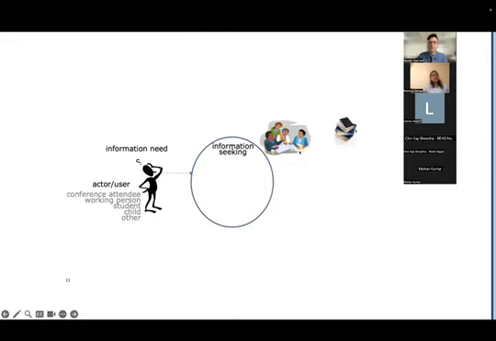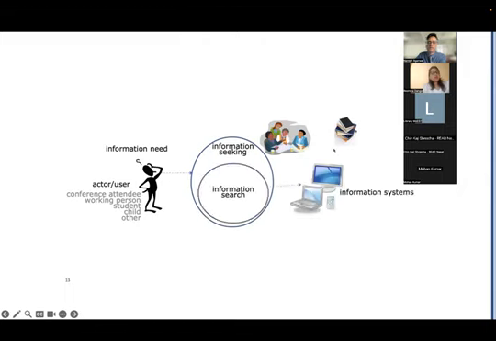It can be from people in the workplace, from people at home, friends and family, or from people at the reference desk of the library, or by going to the library. You can also borrow books and other resources from the library. And you can access information from computer-based sources, as we know, from information systems, through tablets, smartphones, desktops and laptops. And sometimes we find information serendipitously when we're not really looking for it, and we have this big aha moment.